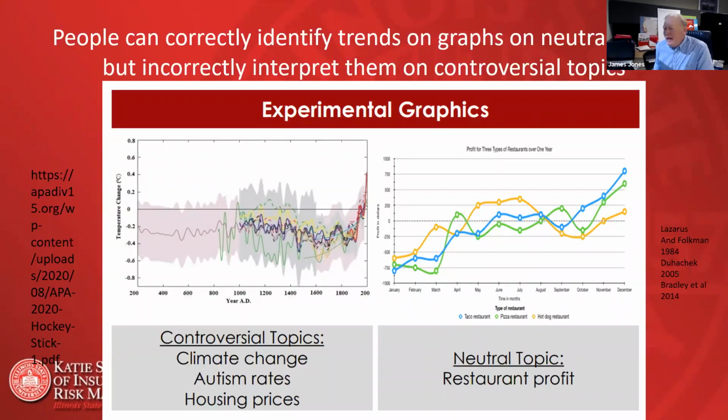The other thing that we also have is emotions related to the way we take in information. Here is an interesting experiment. They asked people to just look at a chart, just to see if they could interpret a chart on restaurant profits, and the restaurant profits were like taco, pizza, hot dog, that kind of thing, and they could correctly interpret the graph.